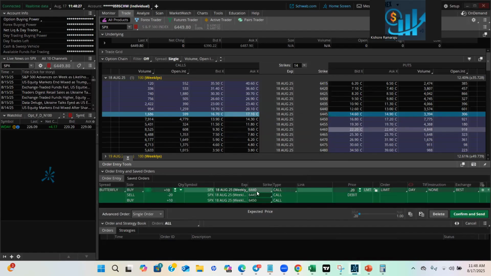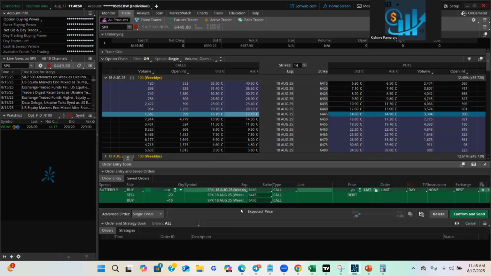Right? You are buying a 64.40 call, you are buying a 64.50 call, you are selling the current price, you are selling the calls. So your overall risk will become minimal if there is a big move on either side. If it goes completely down or if it goes completely up, you make profits.